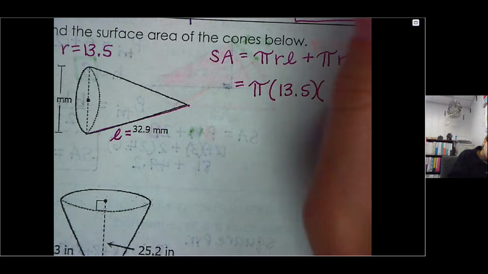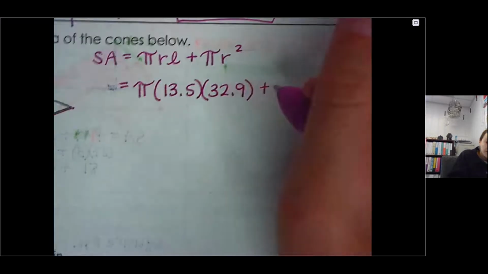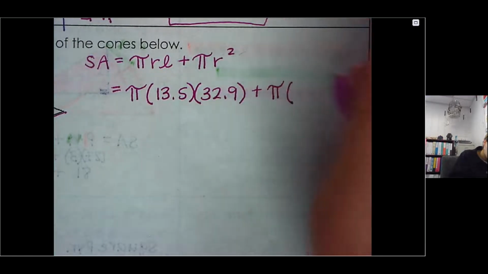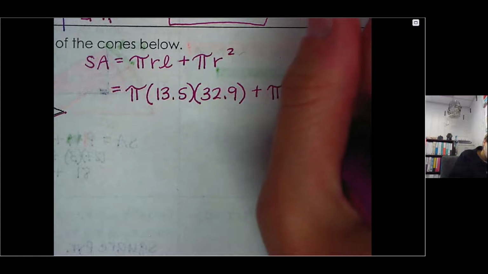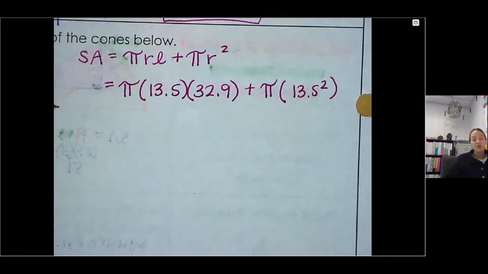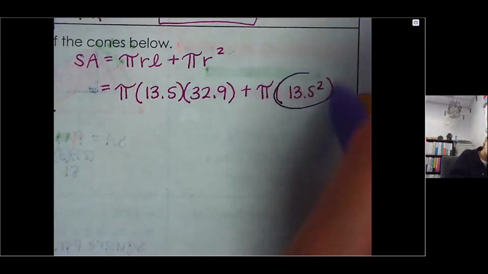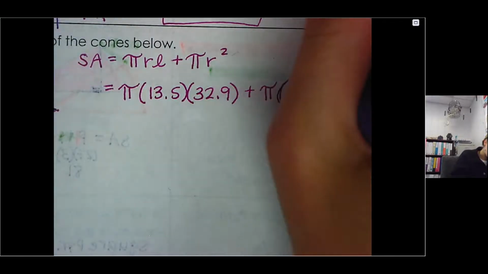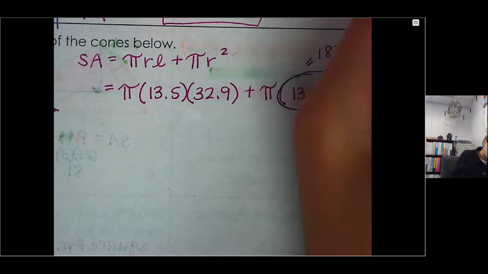My slant height is 32.9 plus pi times my radius squared, which is 13.5 squared. Notice it's super similar, kind of the same steps here. First thing I'm going to do is exponent. So I'm going to square my 13.5. If I do that, I get 182.25.